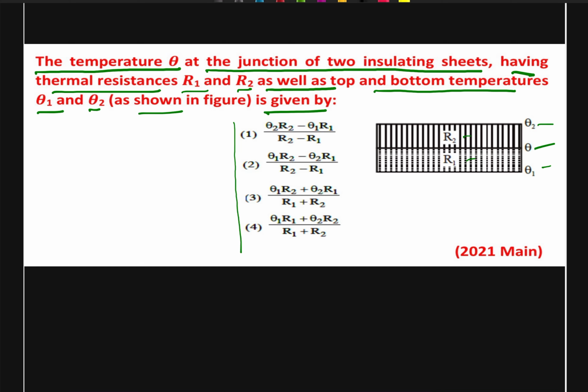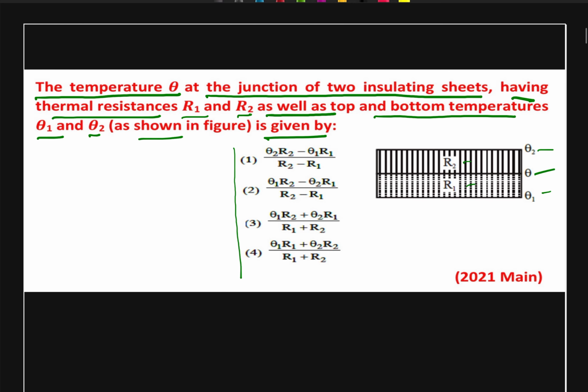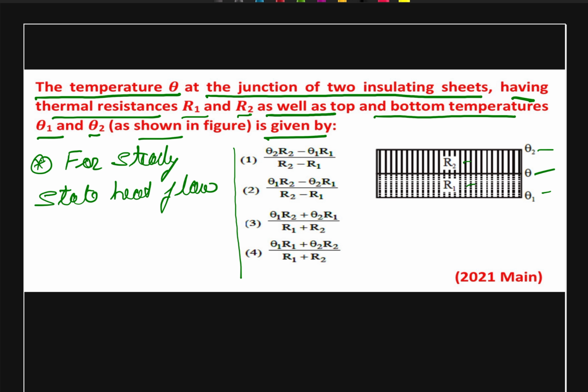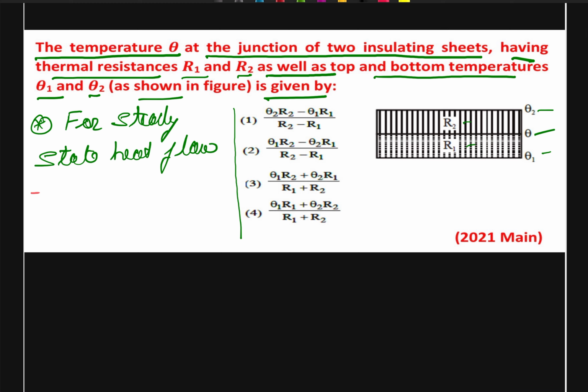Therefore we can say that for steady state heat flow, the heat current H is the same through both.